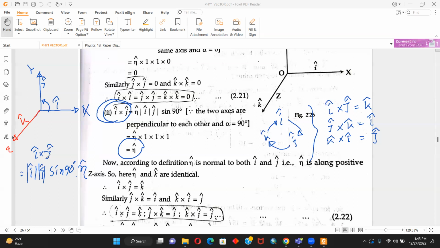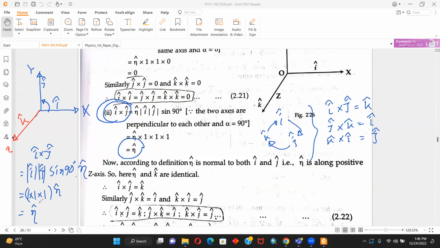It is just one, right? We have already said it is a unit vector. Why is it named unit vector? Because its value is unit, one. So 1 times 1, then sine 90 is also 1, and then eta cap. So eventually we are getting eta cap.